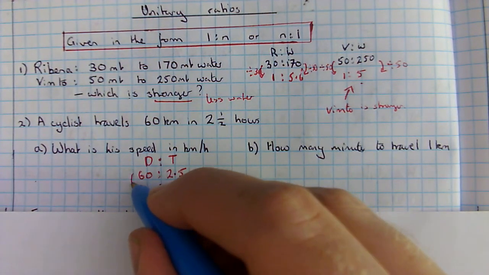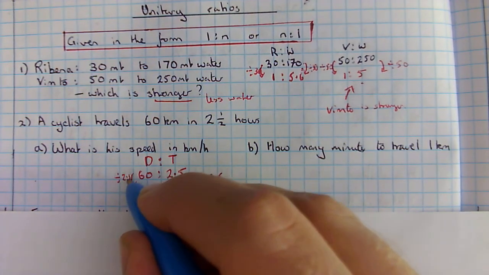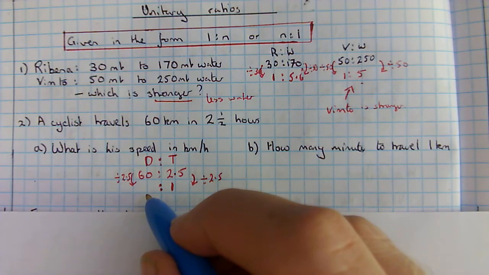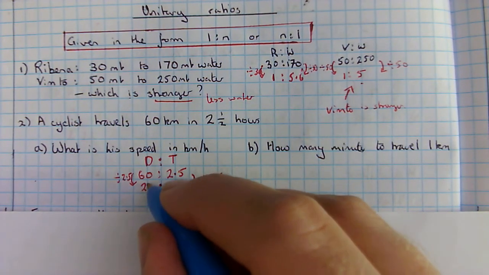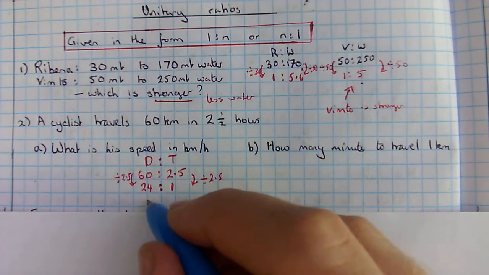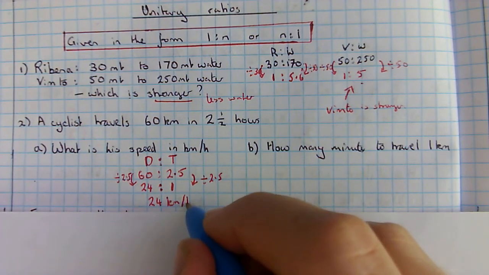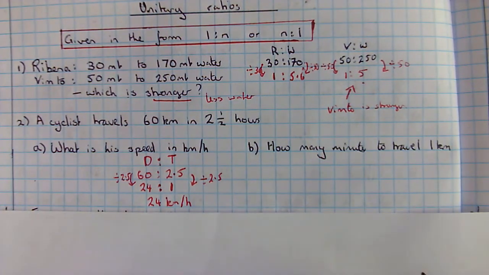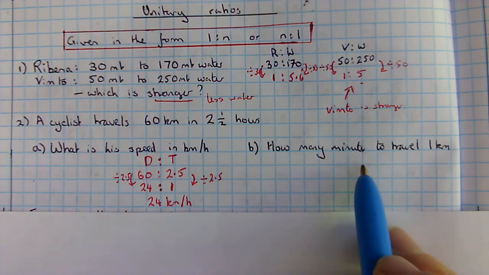Do the same here. 60 divided by 2.5. Do it on your calculator. 60 divided by 2.5 should give you an answer of 24. So the answer is 24 kilometres per hour. Second question, how many minutes to travel 1 kilometre?